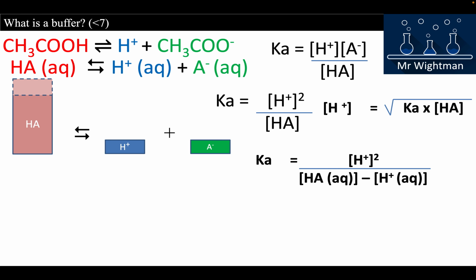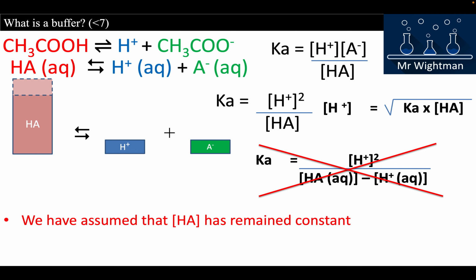We've made some assumptions here. The HA has actually decreased, so that value should have gone down. But to make things simpler, we assume that the HA concentration has not changed. That is one of the assumptions, if you were asked what assumption you have made.